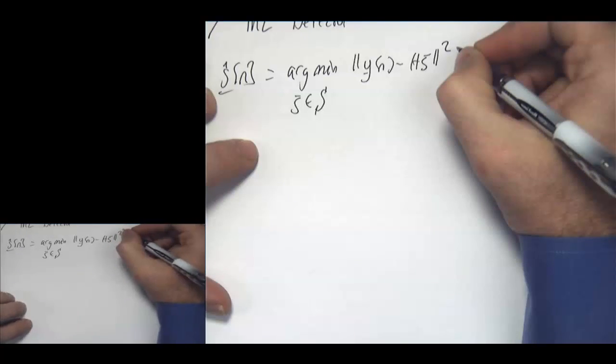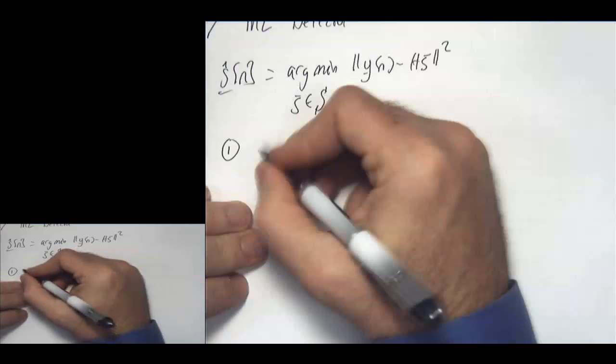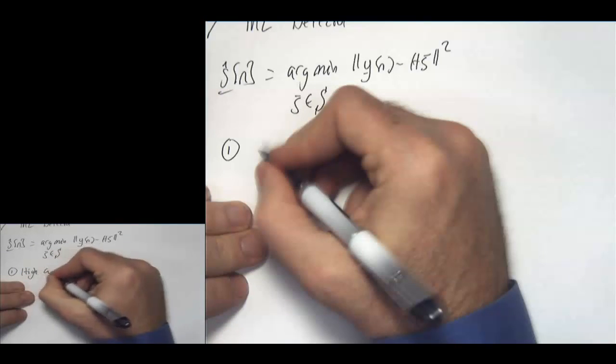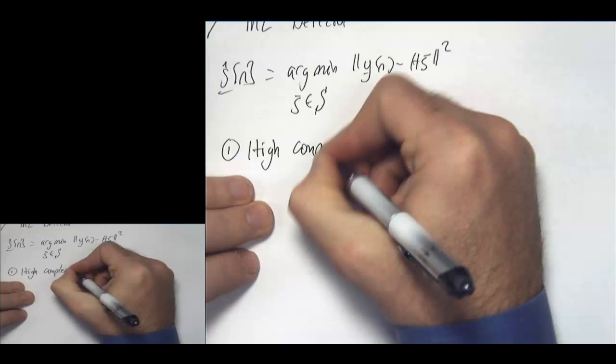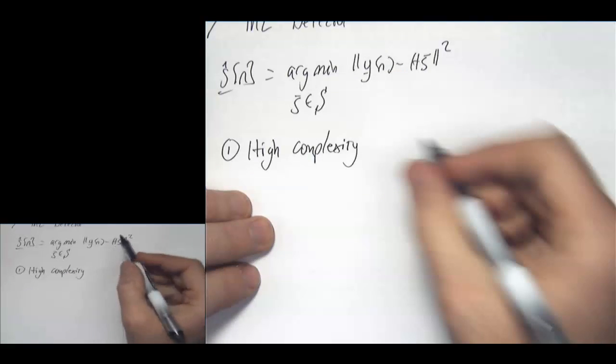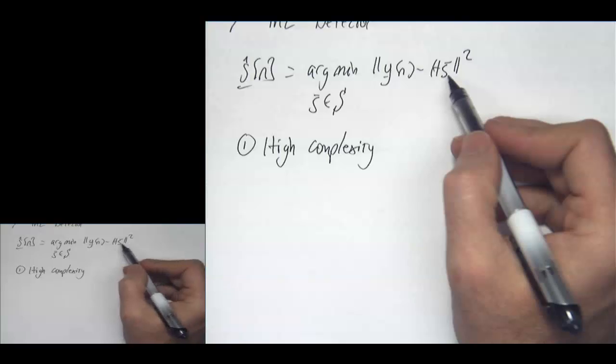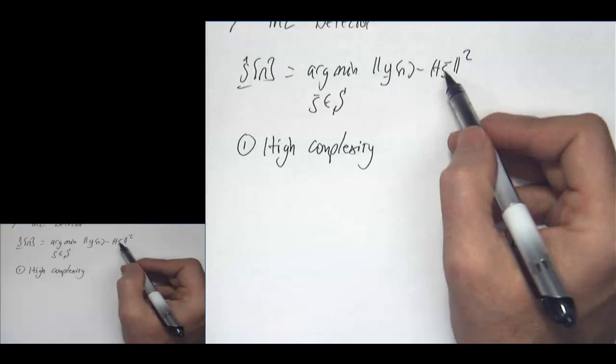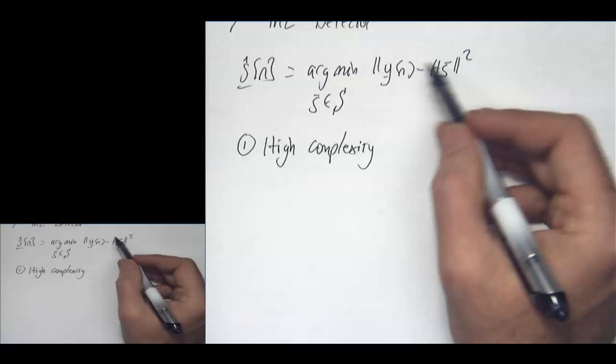So note that the complexity here is actually high. If you implement this directly, for example, you'd have to multiply this H times this vector s, compute the difference, square the values, and sum them all up. Now you can do some smarter things.